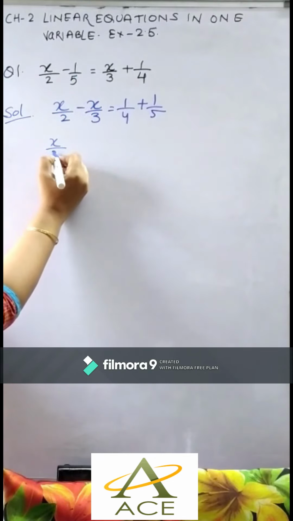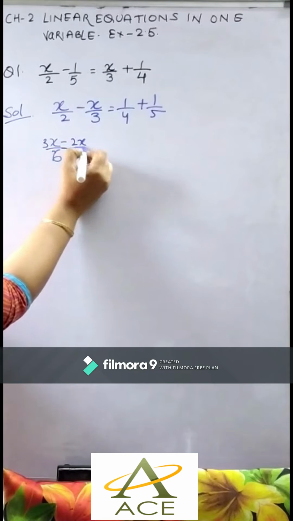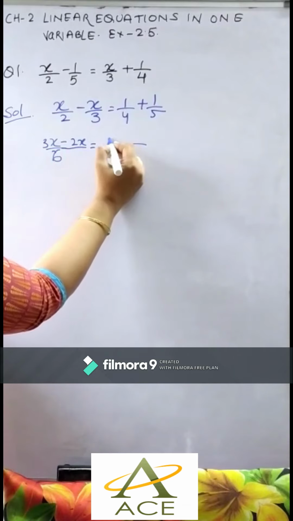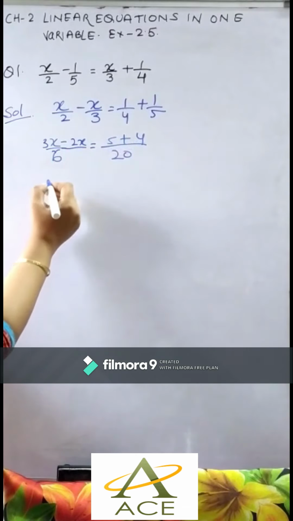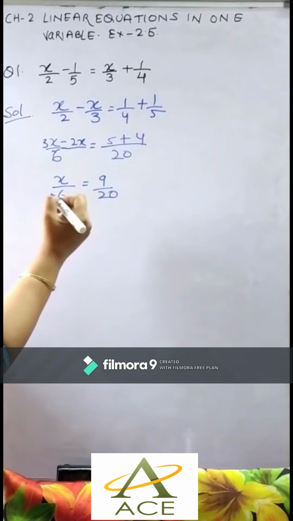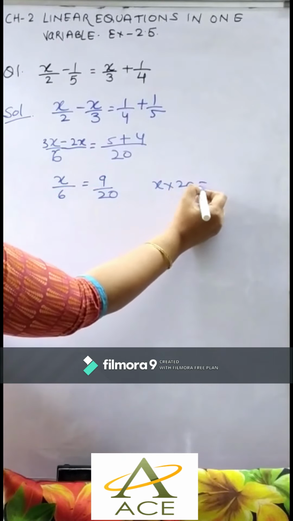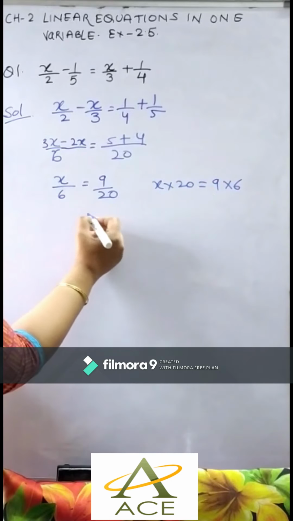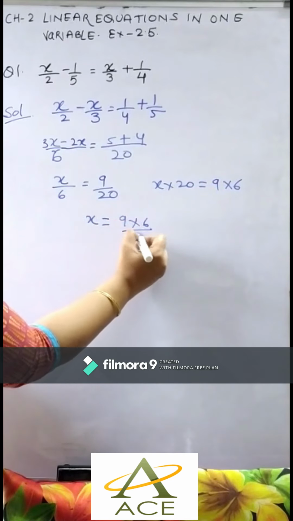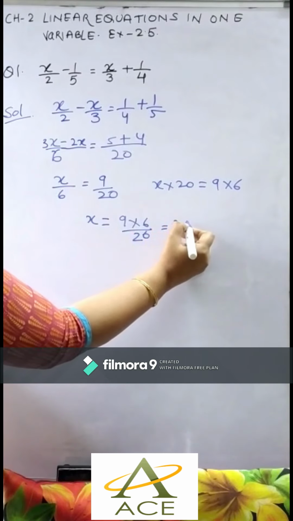Now we will take the LCM. 3x minus 2x is equal to, here also we will take the LCM, 5 plus 4. x by 6 is equal to 9 by 20. Now by cross multiplication, x into 20 is equal to 9 into 6, and x is equal to 9 into 6 upon 20. We will get 2.7.